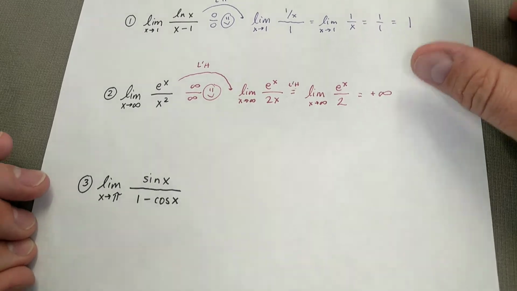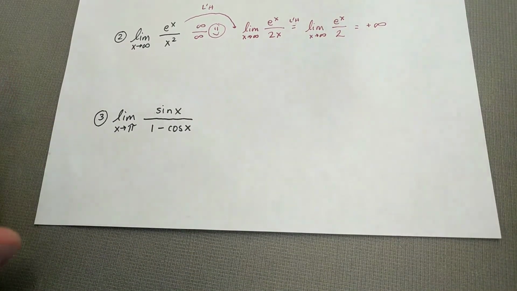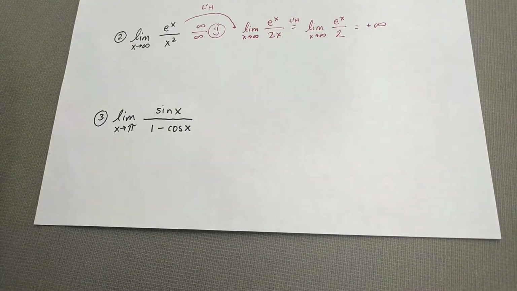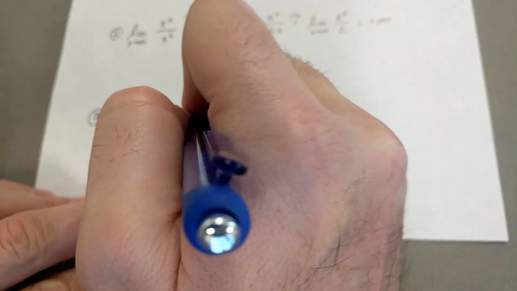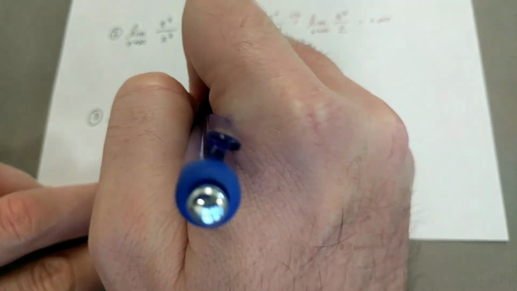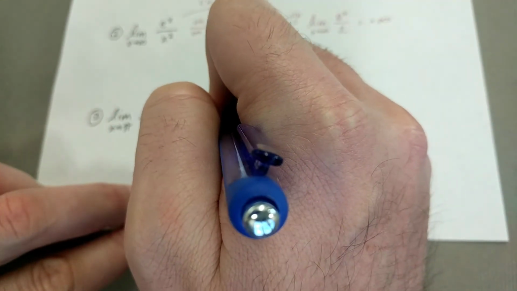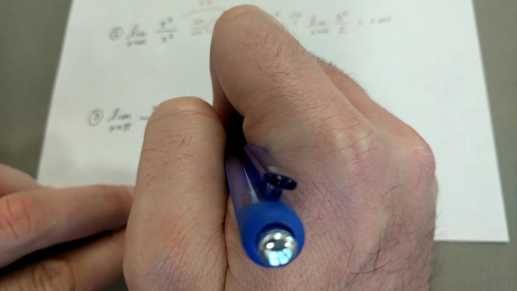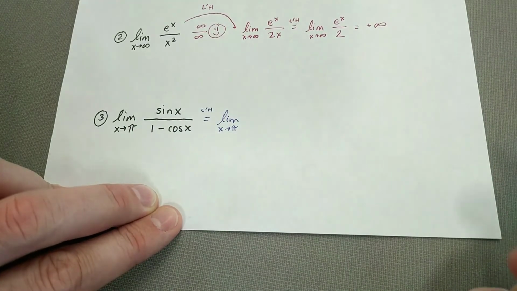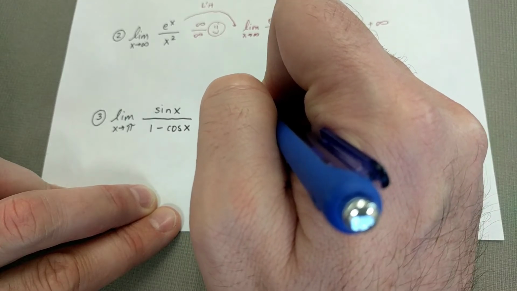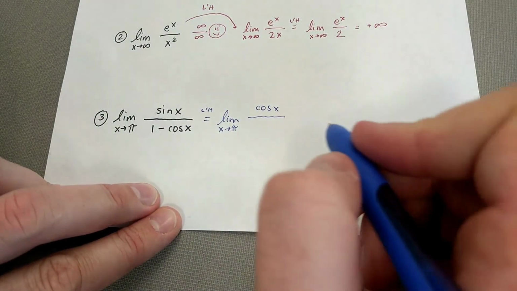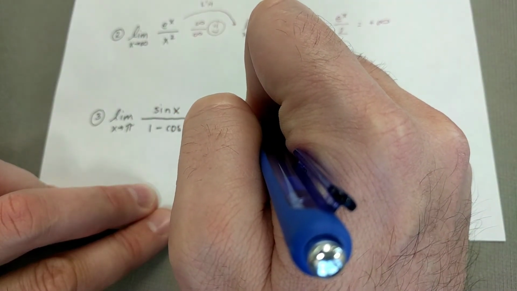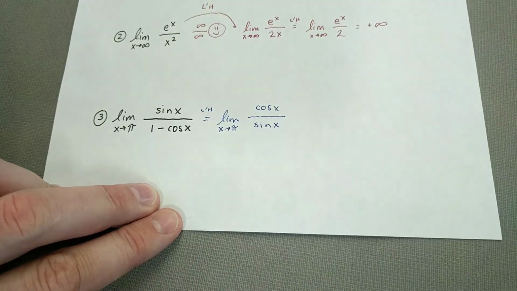All right, last one. Number 3, limit as x approaches pi of sine of x over 1 minus cosine of x. So if we apply L'Hopital's rule, the derivative of sine is cosine. The derivative of cosine is negative sine, so that will be sine of x.